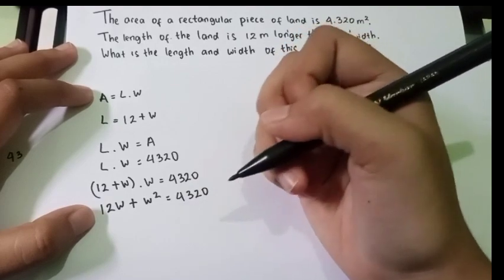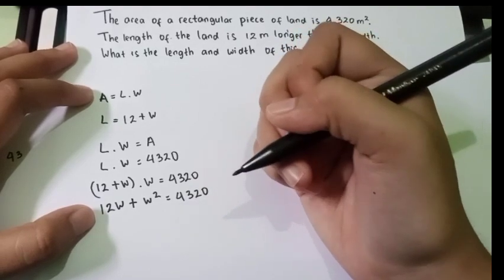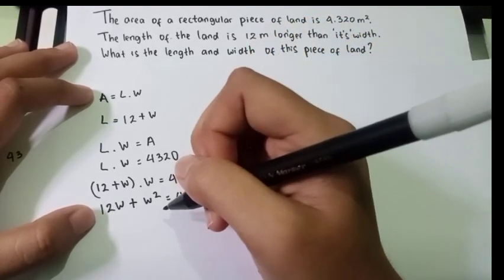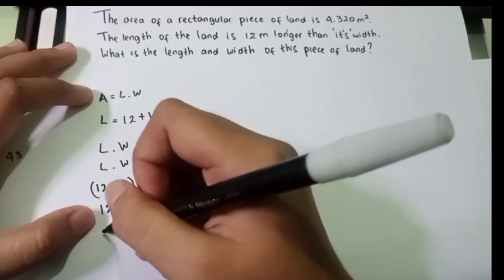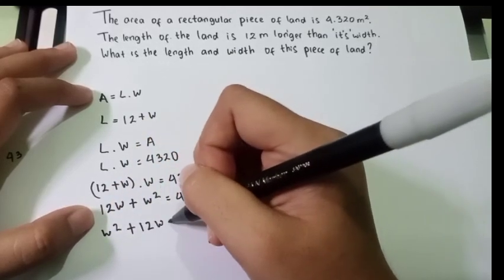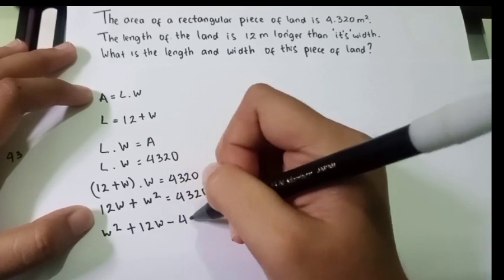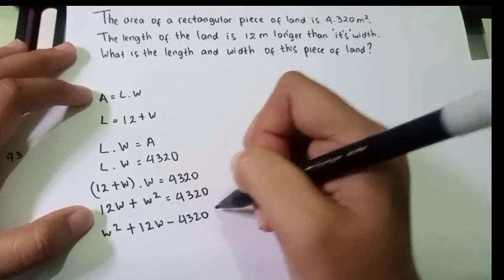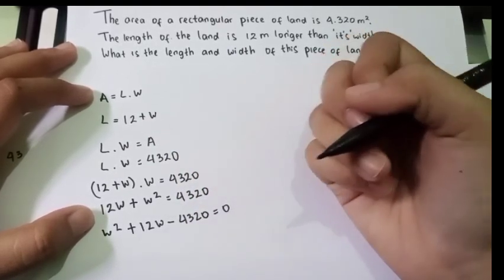Now we get the quadratic equation here: width squared plus 12 width minus 4,320 equals 0.